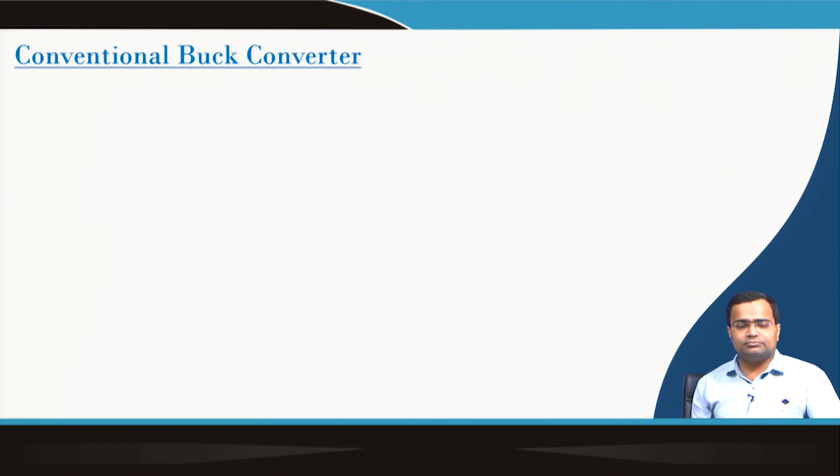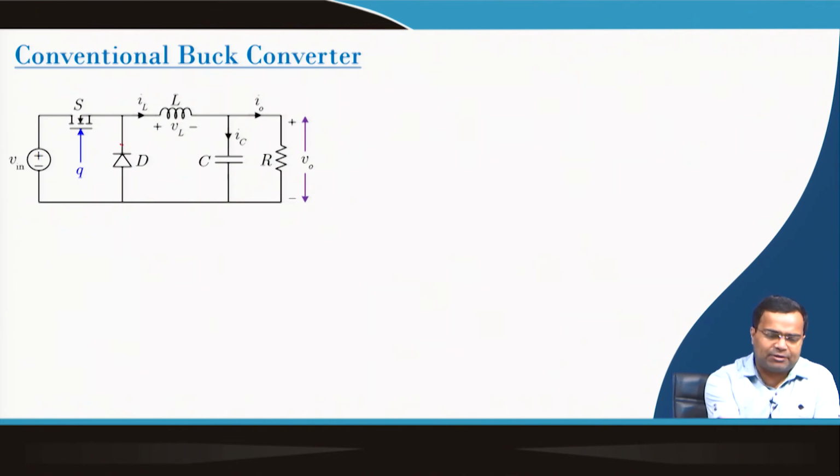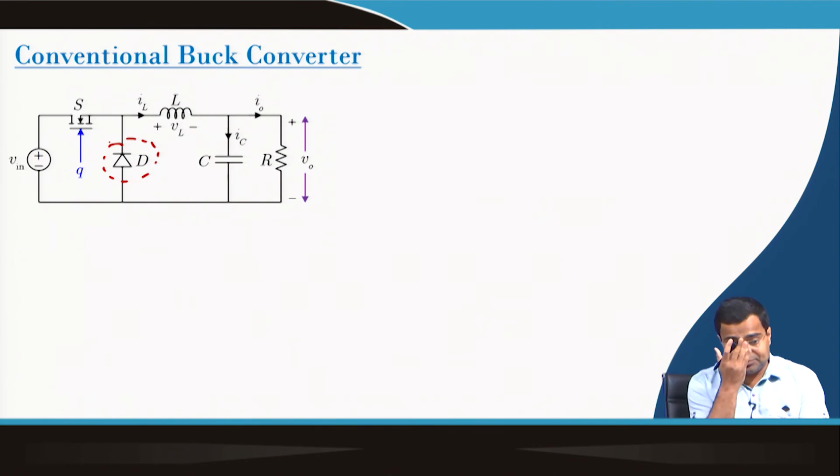But now, if we consider a conventional buck converter where the low side MOSFET is replaced by a diode. Now, this is the diode, we have replaced the low side MOSFET.